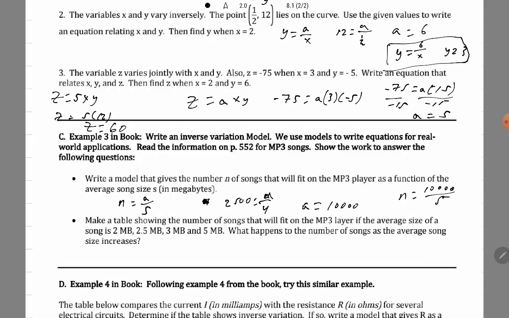So make a table showing the number of songs that will fit on the MP3 player if the average size is 2, 2.5, 3, and 5. So we just use our formula here. So if S is 2, 2.5, 3, and 5, plug it into our equation that we just made, and we'll get 5,000, 4,000, 3,333, and 2,000.